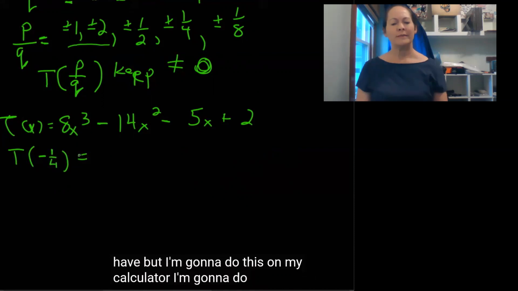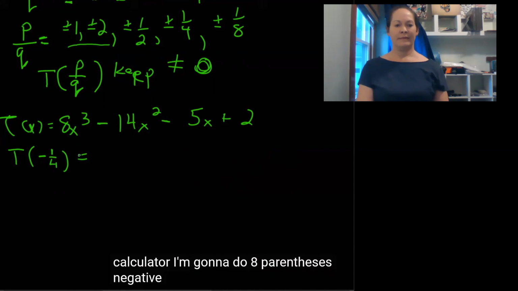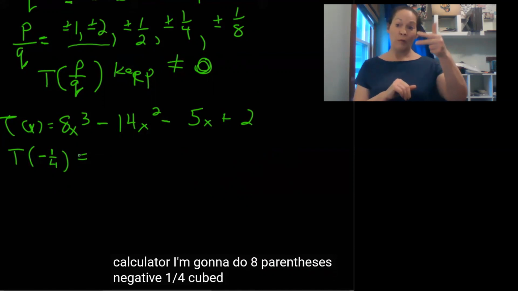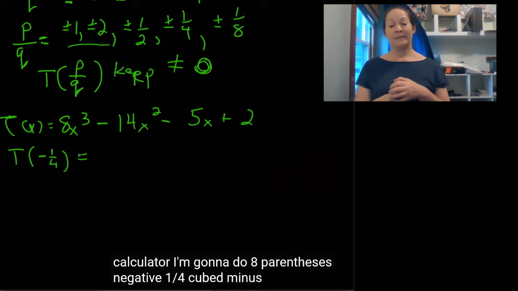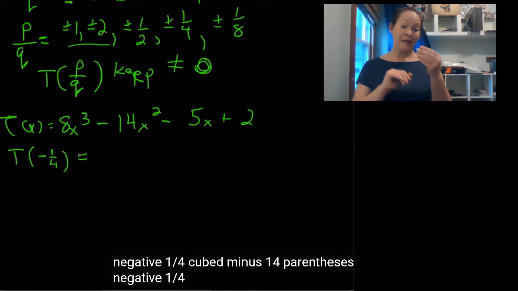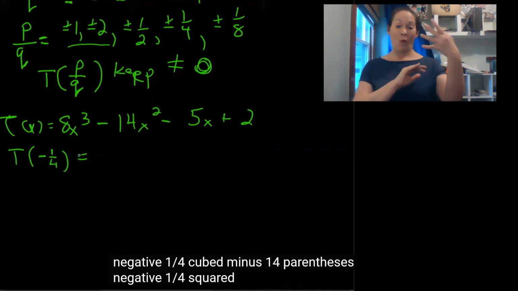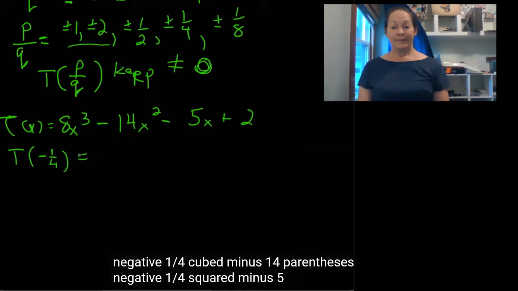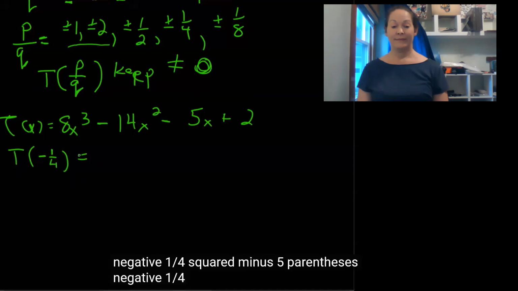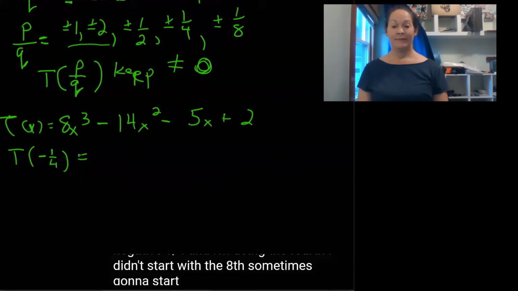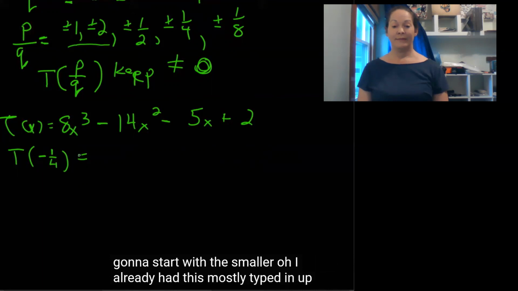I'm going to do 8 parentheses negative 1/4 cubed, minus 14 parentheses negative 1/4 squared, minus 5 parentheses negative 1/4. And I'm doing the 4th. I didn't start with the 8th. I said I was going to start with the smaller. Well, I already have this mostly typed in. I'll do the 8th next.